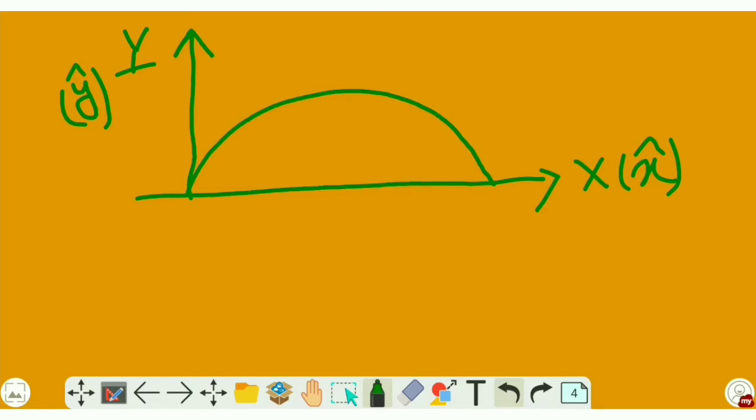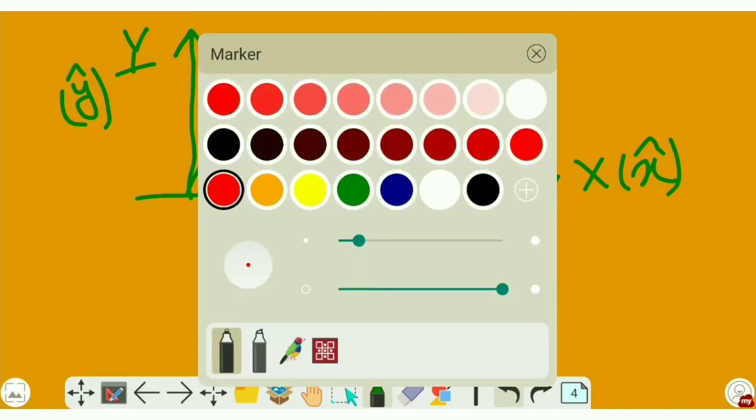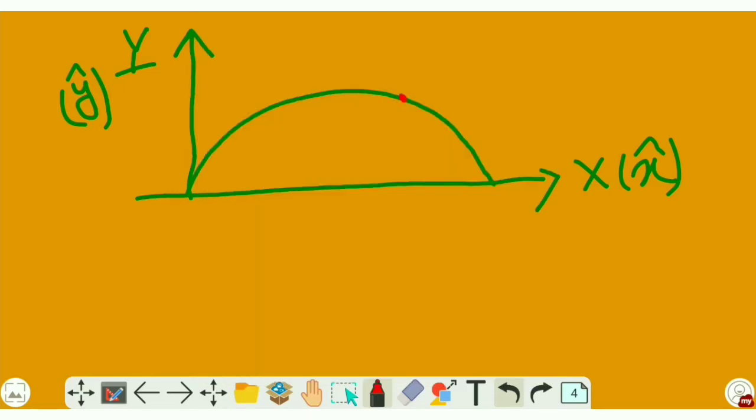You may call it i cap, j cap as you wish. Now at time t equals 0, the particle is at point A, and at t equals t0, the particle is at point B.